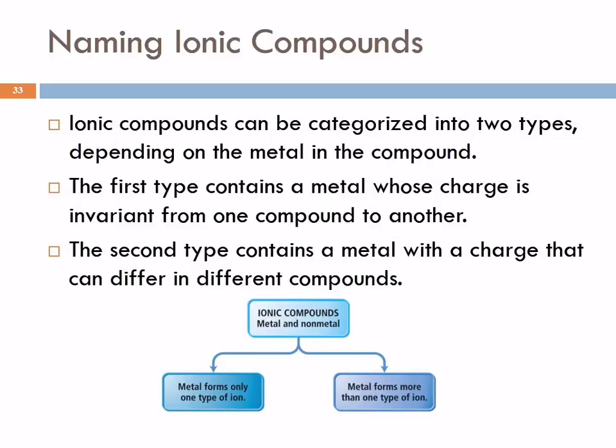Every single time, sodium is a +1 ion. Every single time, aluminum is a +3 ion. There's no other ion that aluminum forms. That's not true of the transition elements and some of the other metals. They can form more than one type of ion, and so that's in this other category: ionic compounds where the metal forms more than one type of ion.